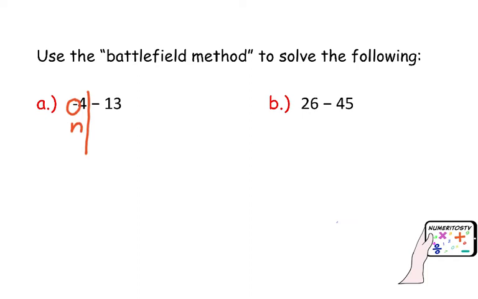And then in front of 13, we have that minus. But that minus is already on the other side of the line, so that means that that minus now belongs to 13. So those 13, you can consider them negative. Both numbers are negative, which means that they are going to join.